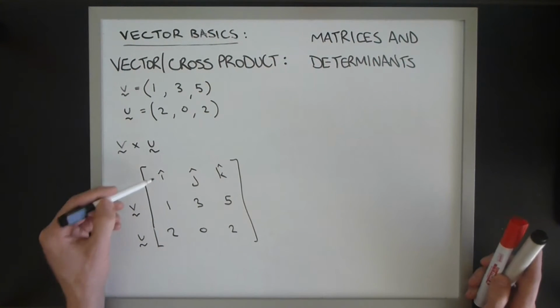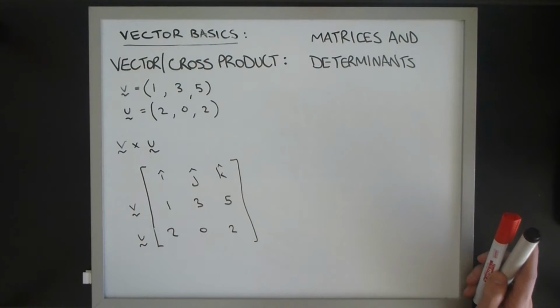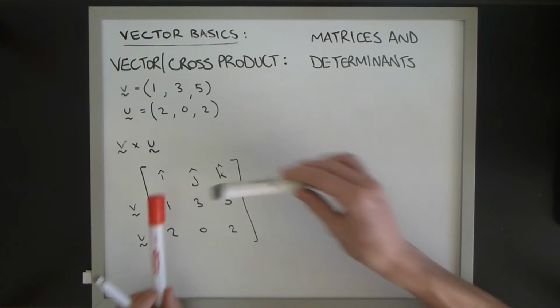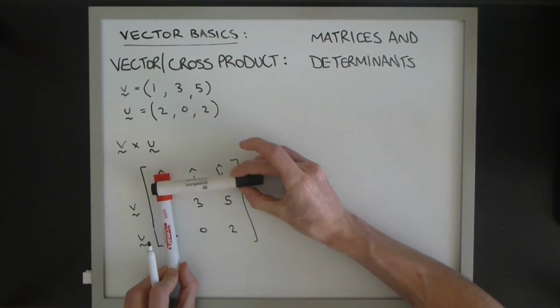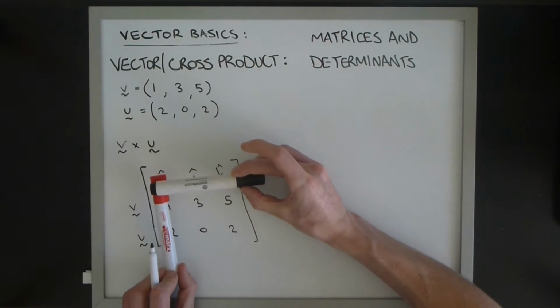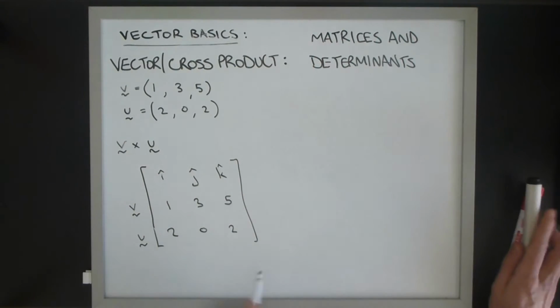So for our first column, first row, we have i times our matrix minor, which is 3, 5, and 0, and 2.